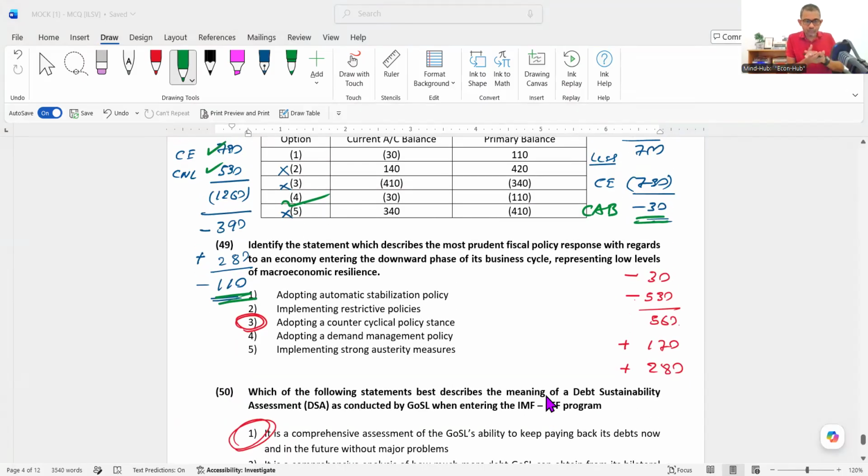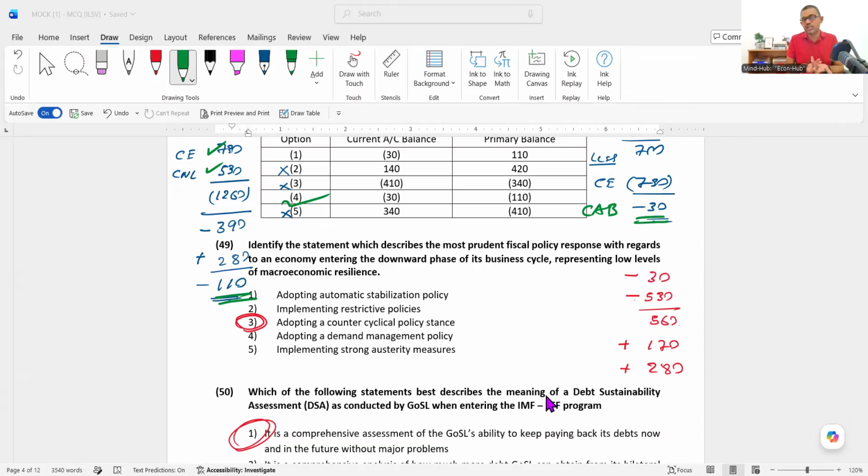49. Identify the statement which describes the most prudent fiscal policy response with regards to an economy entering the downward phase of its business cycle, representing low levels of macroeconomic resilience. This economy cannot face this on its own. It needs the government to interfere and support it a bit.